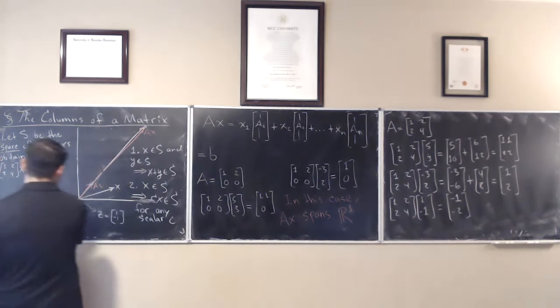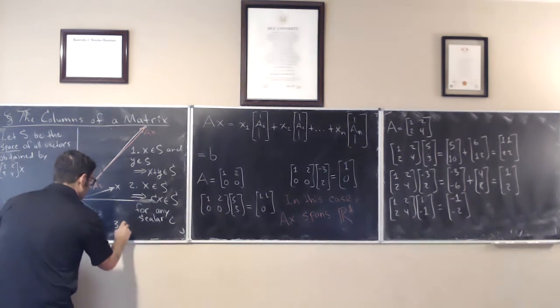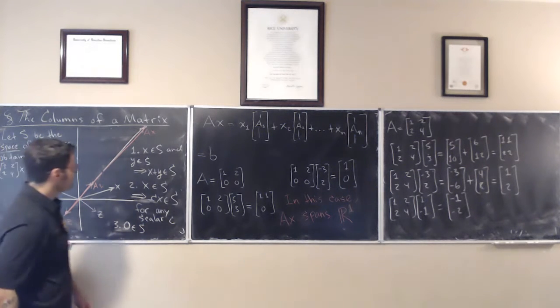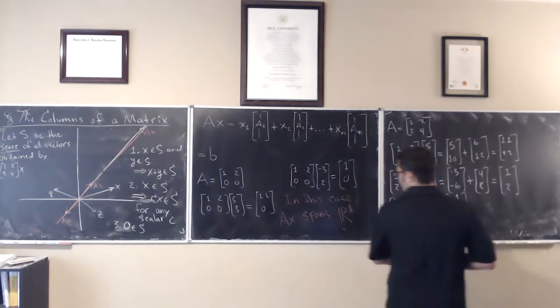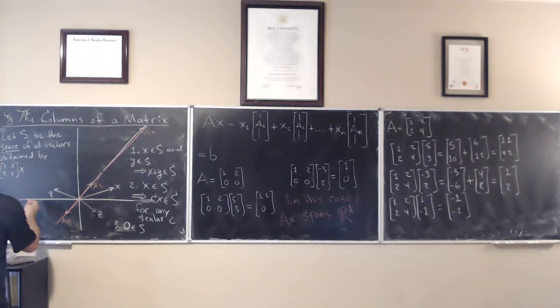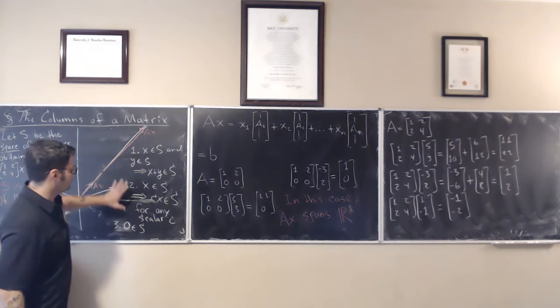Also, number 3, the 0 vector is in S. So this is what we call a subspace. So S is a subspace of R2 because it satisfies these 3 properties.